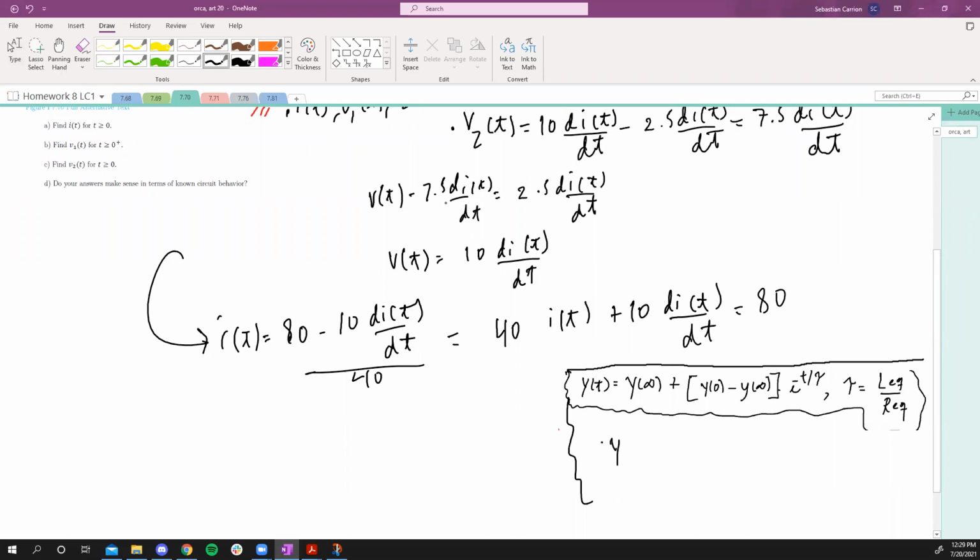I usually don't memorize these, just keep them on a note card. It helps. Yeah, dy(t)/dt plus y(t) over tau equals, okay.